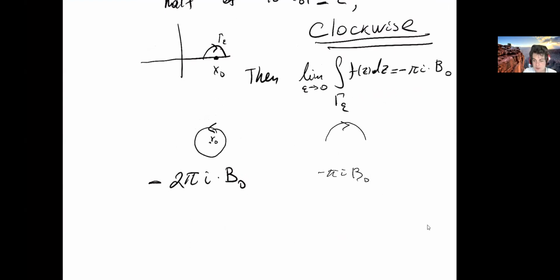Maybe a bigger portion of f was on this top part. But in fact, if we do everything carefully, we will see that it's fine. And I don't want to do anything carefully, and you don't want me to, because it will again involve tons of estimates. So let's just go with this kindergarten explanation that if we had the full circle, we would have the 2 pi I, and if we have half of the circle, we're only getting half of the answer.